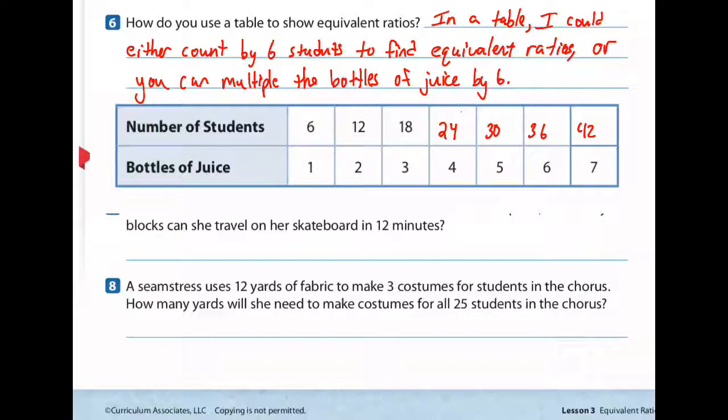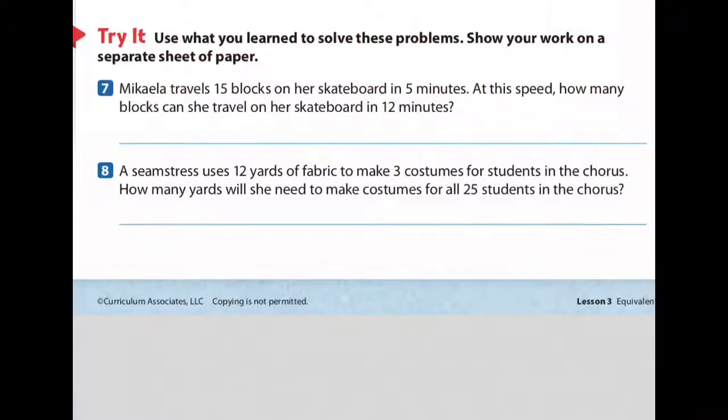We're all different people. That's fine. Yours might be better than mine. So I explained to me how I could use this table to find equivalent rates. I said you could either count by 6 or you can multiply these numbers by 6. If you explained it in a way how you found it, that's fine. All right. So now let's continue on with number 7 and 8.